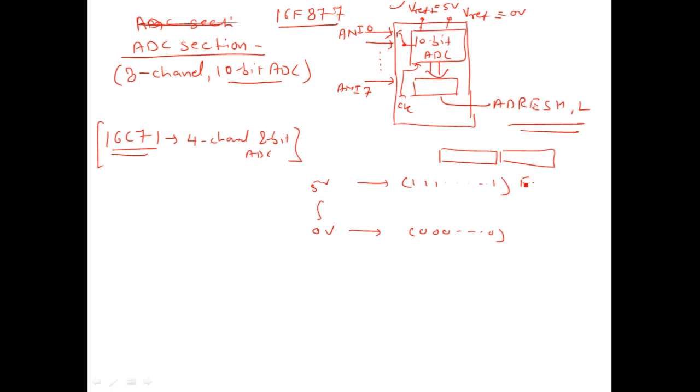So this is the full scale output and this is the lowest end. Full scale output will be provided for this 5 volts, and 5 volts is nothing but V reference plus.